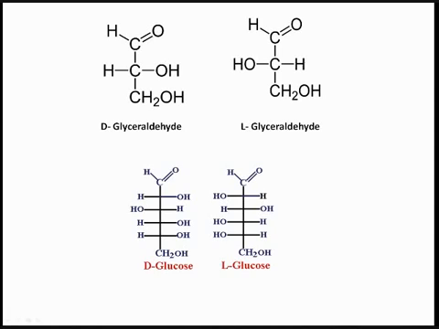Now let us see the structure of glyceraldehyde. I already told you it is a triose, and it is the simplest monosaccharide with one asymmetric carbon atom. You can see here glyceraldehyde is a triose with 3 carbon atoms, carbon 1, carbon 2 and carbon 3. In this glyceraldehyde, you can see the functional group aldehyde at carbon 1.